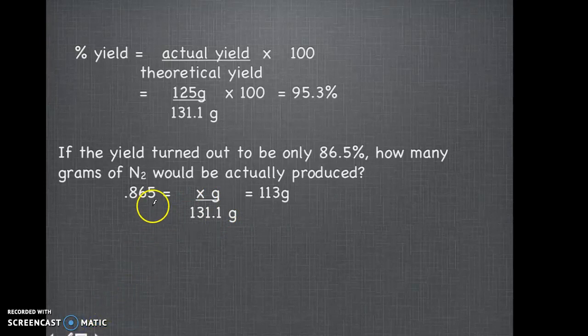So we're going to take our 0.865, we're going to just cross multiply it with a 131.1, and then you wind up with your x, which ends up as 113 grams. So somebody did this lab, and again, they got a percent yield of 86.5%, and that means that they really only made 113 grams instead of 131.1 grams. Perfect. Okay.